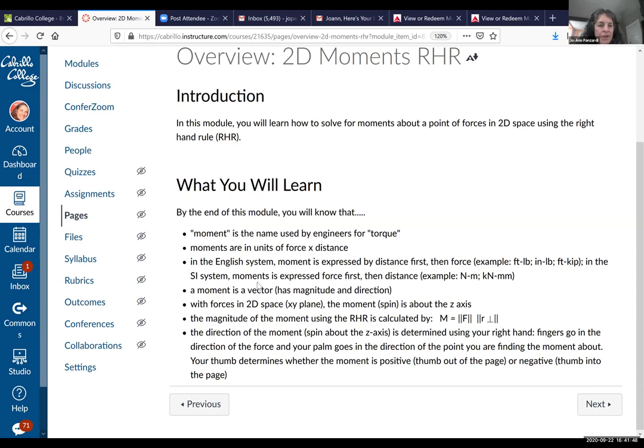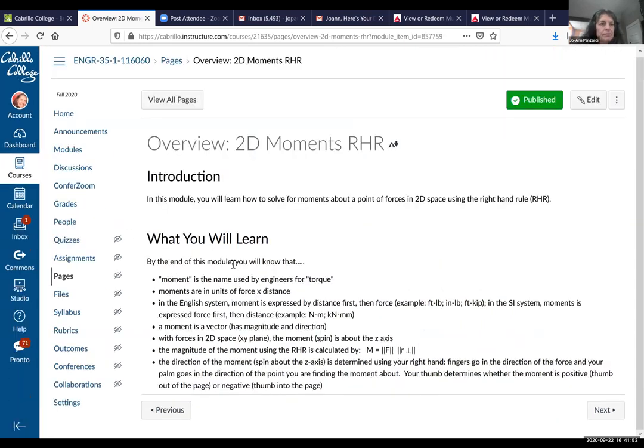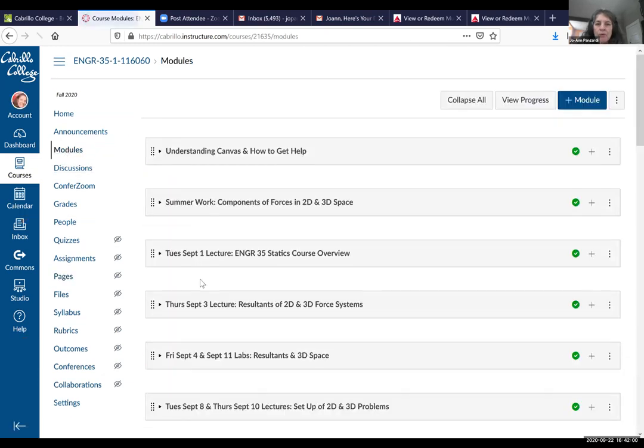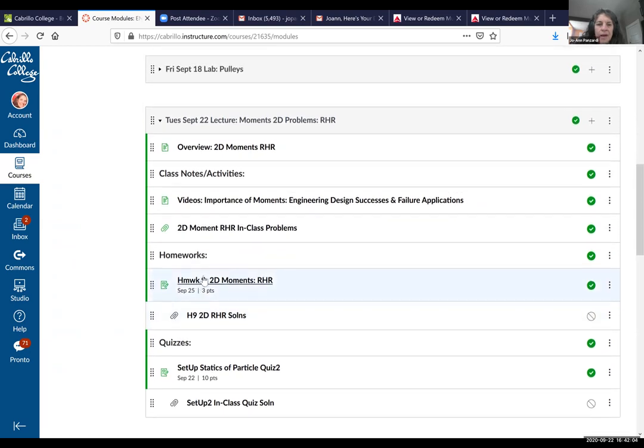Any questions? Okay, I'm going to go back now. Remember that the overview exists in every single module of mine. Right here, I'm back in today's class module, and notice it says 2D moment right-hand rule in class problems.